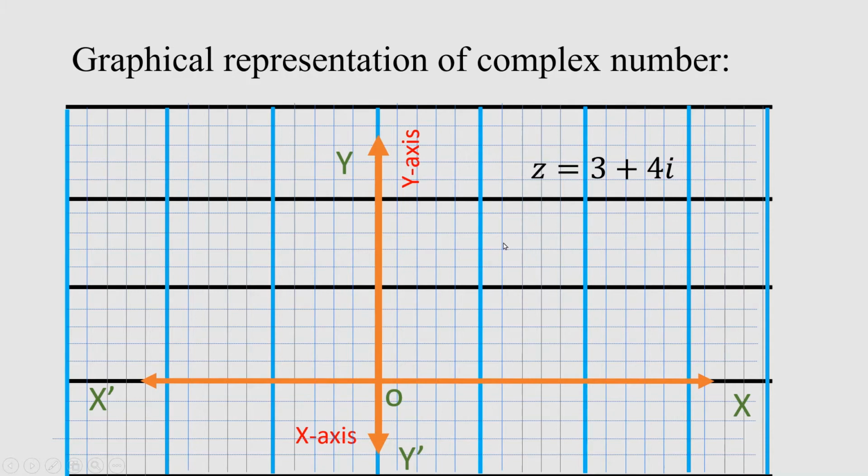Then the graphical representation of this complex number. Here the real part is 3 and the imaginary part is 4. Then the real part moves along the x-axis and the imaginary part moves along the y-axis because i rotates the number 90 degrees. Therefore, we get (3, 4). Therefore, the graphical representation of the number 3 plus 4i is equal to this.